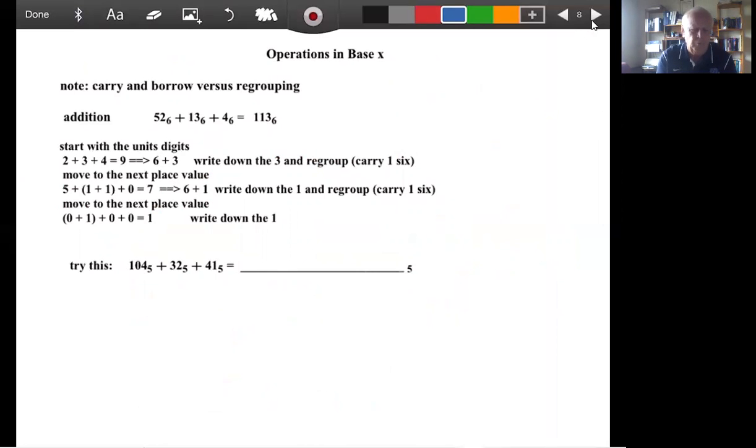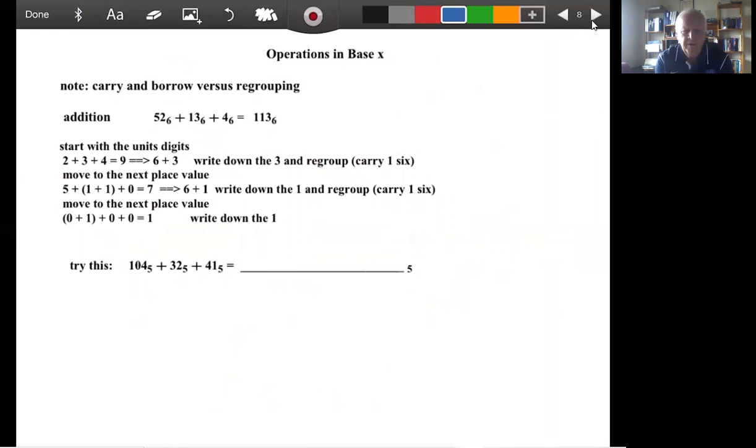And in reality, you're really not. You're actually regrouping base 10s. So I tend to not like to use carry and borrow. I like to use regrouping, but I'll try to mention those words so that you know what I mean by regrouping. So let's look at this problem here.